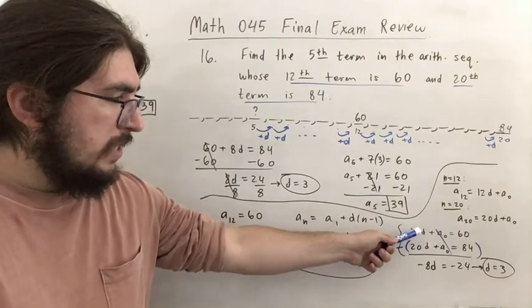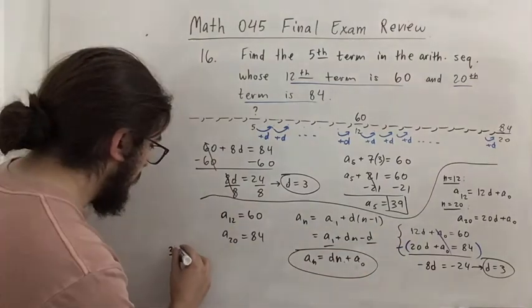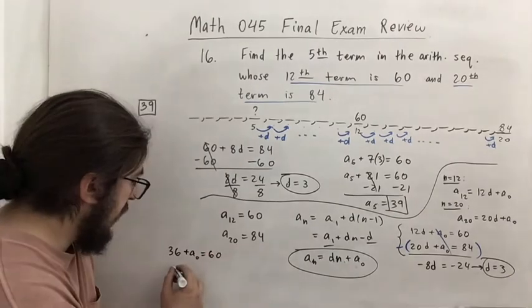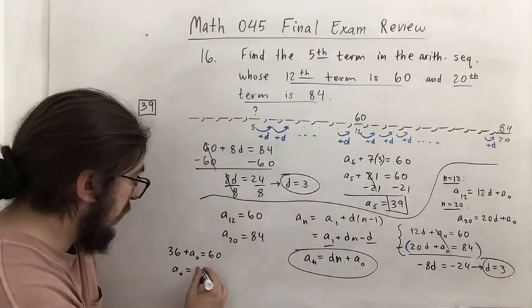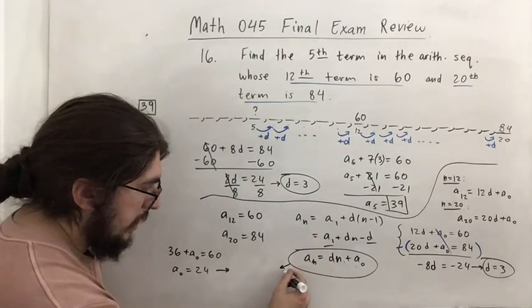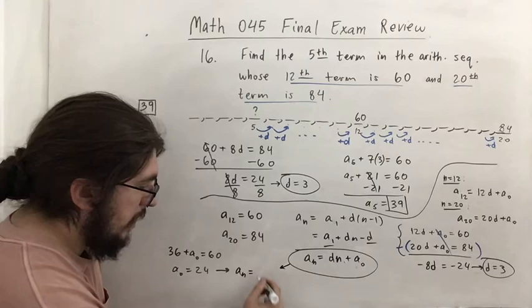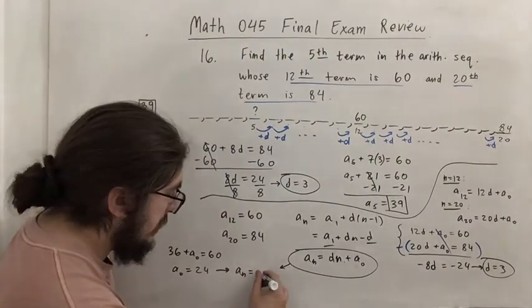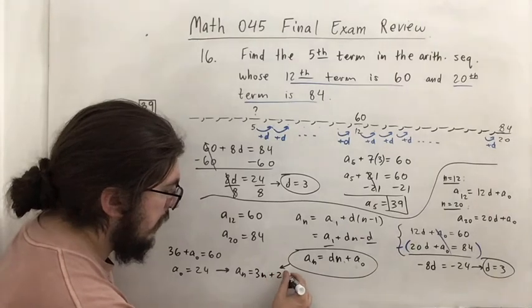We get 12 times 3 is 36. So 36 plus a0 is equal to 60. So if you subtract, you get a0 is equal to 24. So that means our general term, a sub n, is really 3n plus 24.